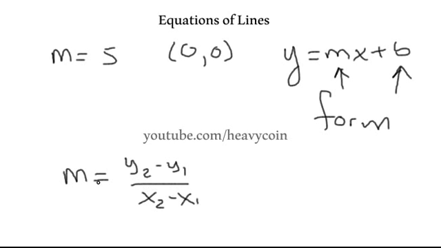But if I were to do this and take this x2 minus x1 over to this side, in other words, x2 minus x1 times m is equal to y2 minus y1 right here. Sometimes we do this. This is known as the point-slope form.